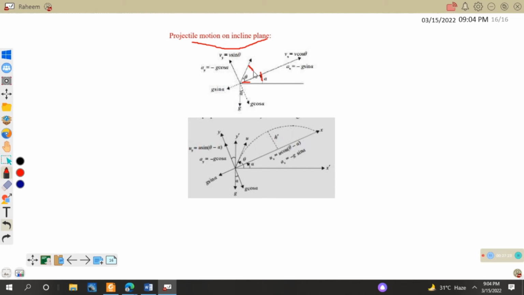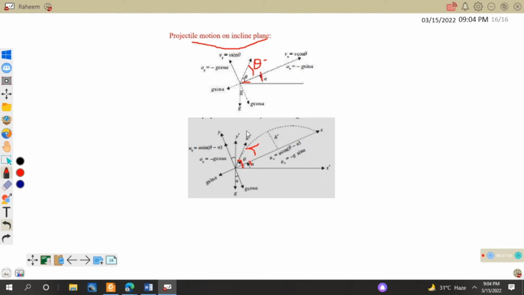So the net angle will be theta minus alpha, because theta is the total angle and alpha is the angle of inclination. So theta minus alpha is this angle.